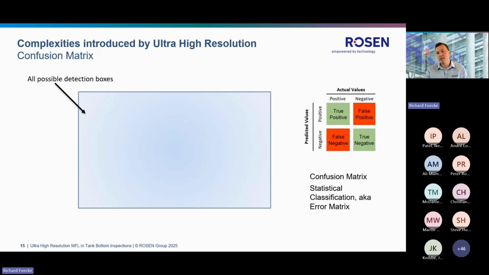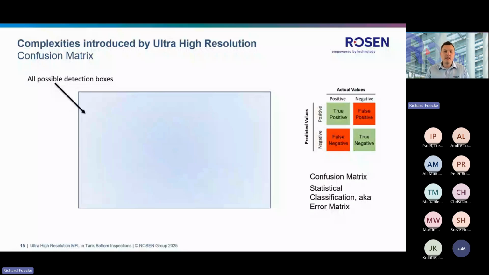Then we can have the true negative features, where no corrosion is present, and the software and the algorithm also identified nothing, which is also good. But then we have the false positives and the false negatives, where the false positives are the so-called false calls. That's a location where the software and the algorithm called an indication, but there was actually no corrosion present. And this, of course, needs to be filtered out.